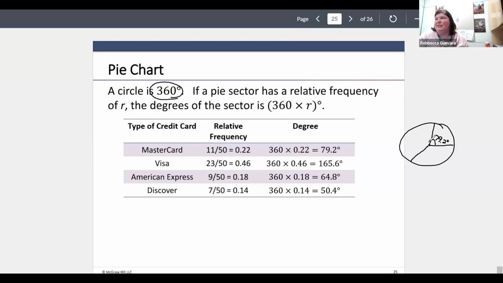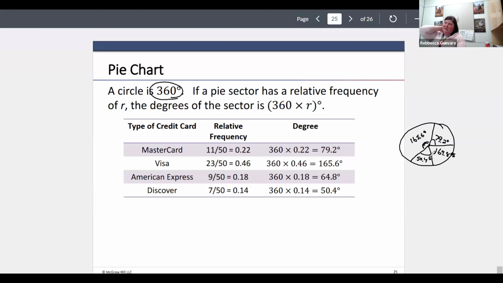American Express, relative frequency 0.18, multiply that by 360, we get 64.8 degrees. And Discover has a relative frequency of 0.14, so multiply that by 360, we get 50.4 degrees.